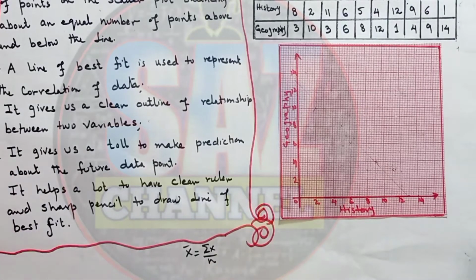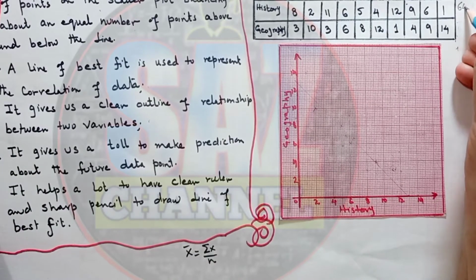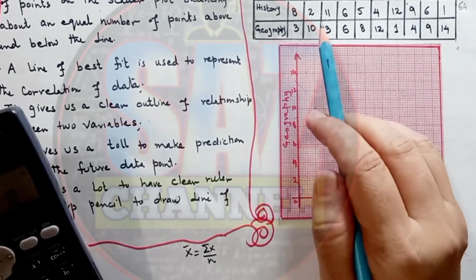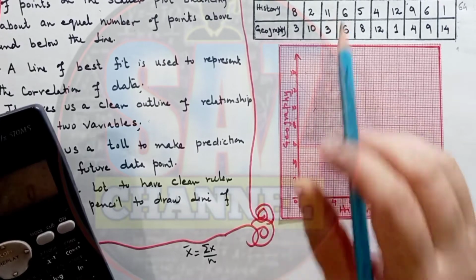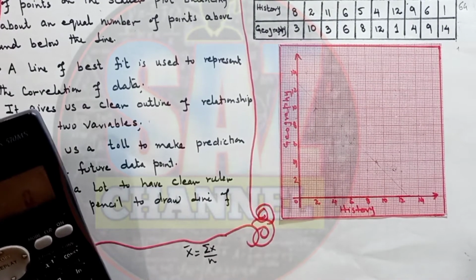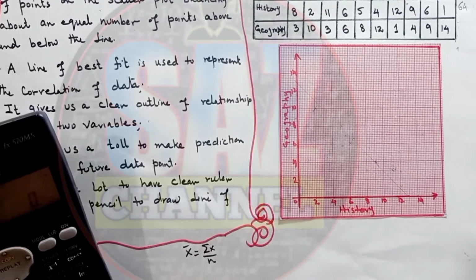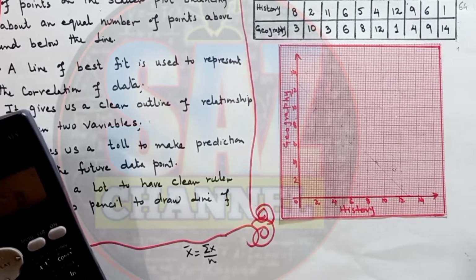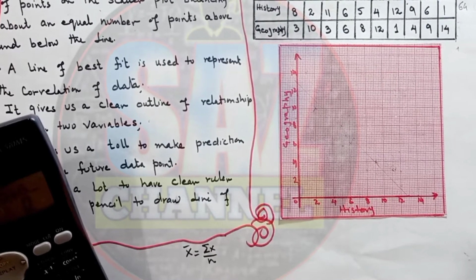Let me first recheck the total and then I will confirm that. 8 and 2 is 10, 10 plus 10 is 20, 21 plus 6, plus 9 plus 12 plus 9 plus 6 plus 1, this is 64.